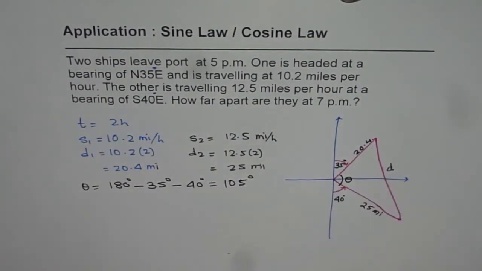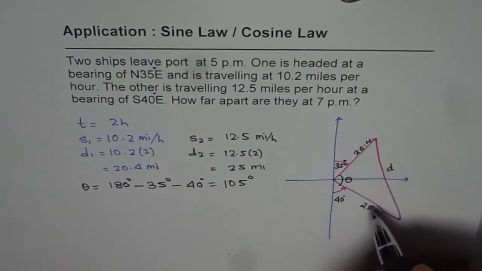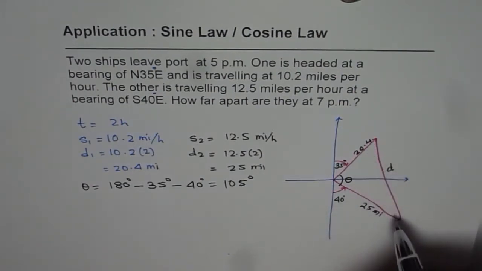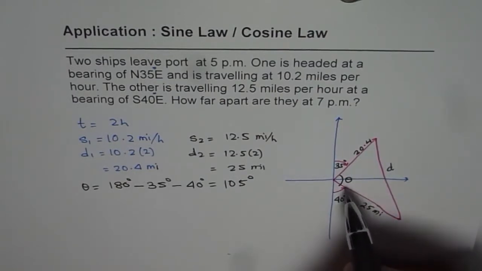So the angle between them is known to us, and the two sides are known to us. We need to find the third side, that is the distance, correct? Since we know two sides with the included angle, SAS, we should be using the cosine law.